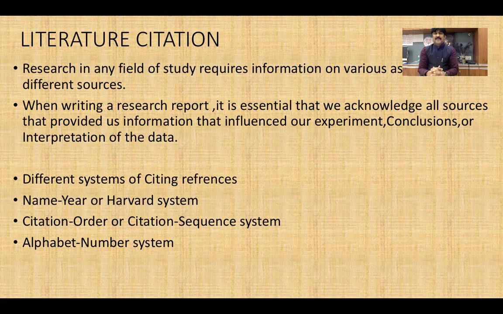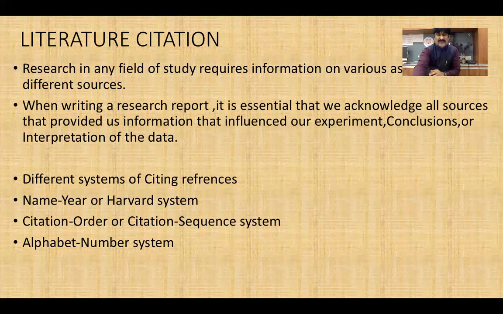So generally, when we are compiling the literature part and citing the references, we use the name and year, called the Harvard system, the citation order or citation sequence system, or the alphabet number system. So three kinds of systems.